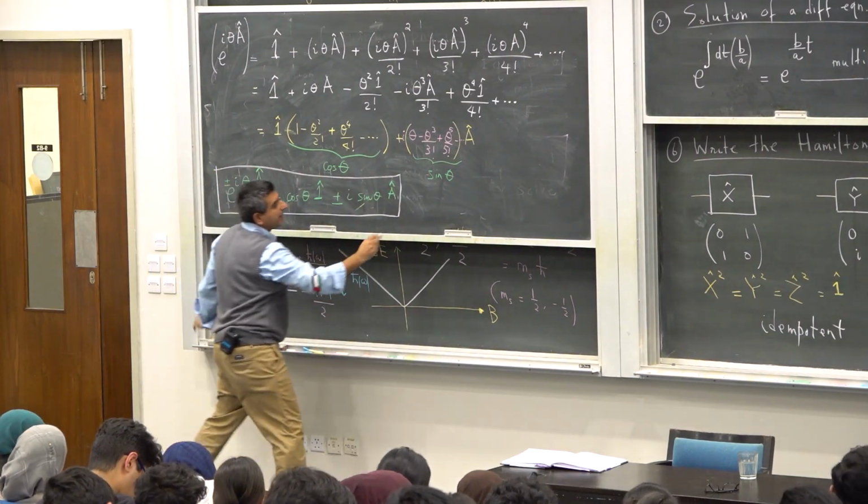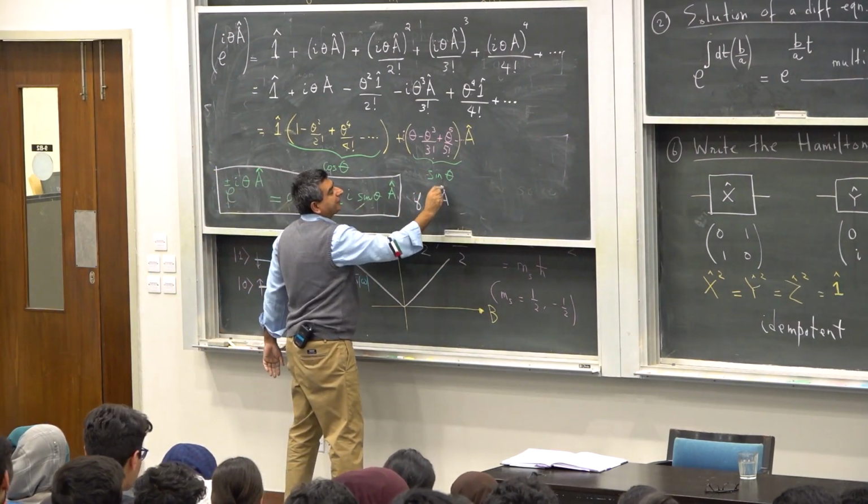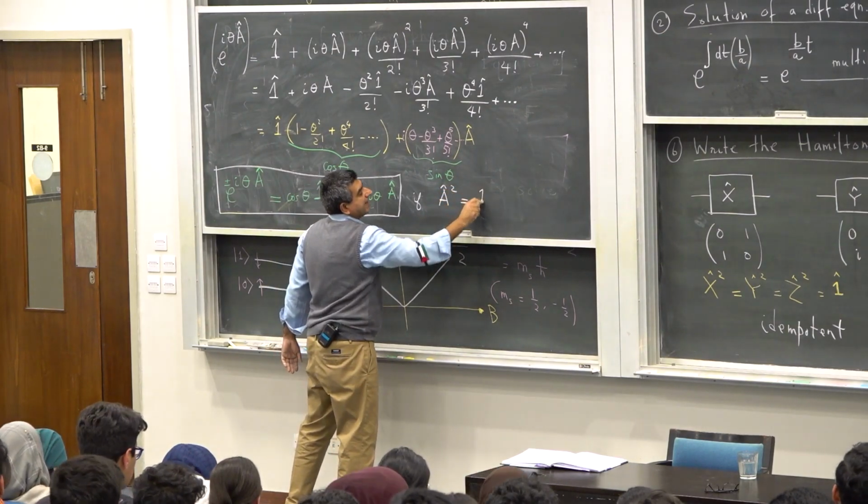So this is true if A squared is identity.